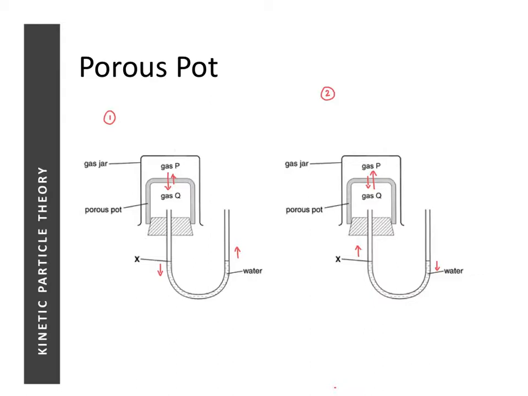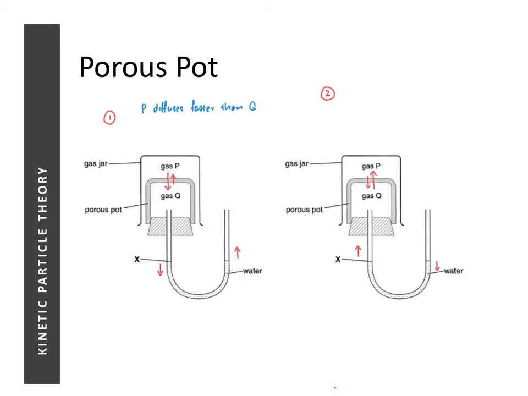Now the next question to ask is, when would we get scenario 1 and when do we get scenario 2? For scenario 1, gas P diffuses faster than Q. So in what situation would P diffuse faster than Q?